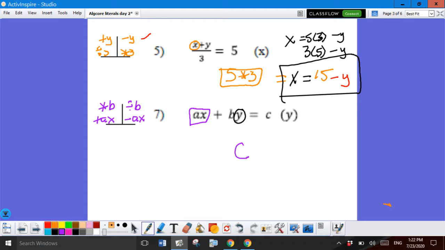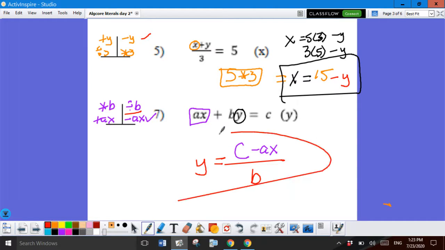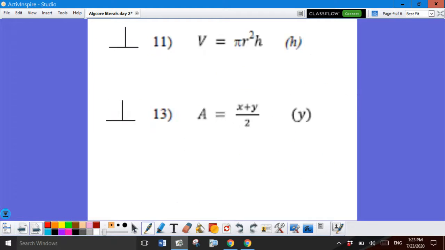In front of it or behind it? You're right, it's behind it. So I did the first step. Second step is divide. Draw a line. Write the B. Who did not move? The Y. The Y did not move, so it is done. So if you have C minus AX over B, you are correct.